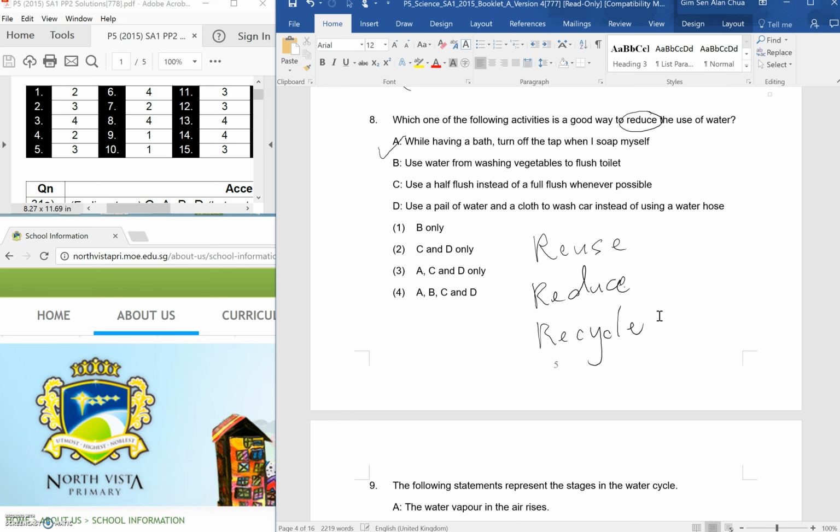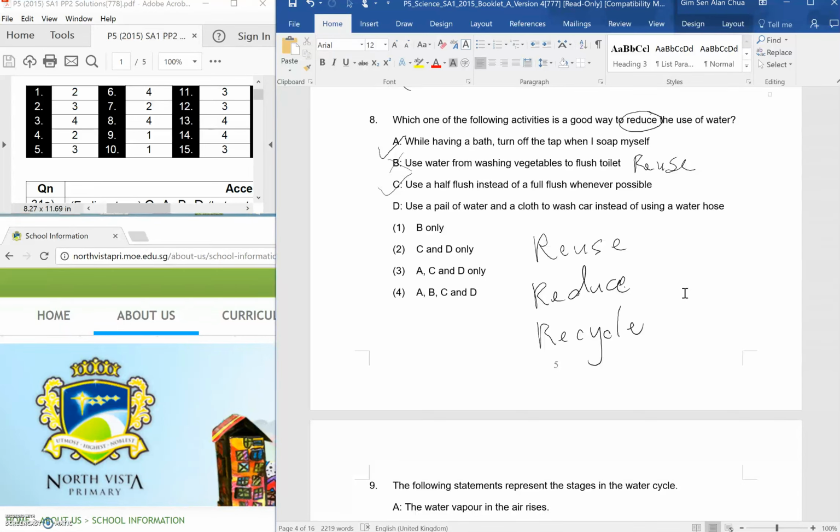So A is correct. Now you use water from washing vegetables to flush toilet. So you reuse the water. So B is reuse, not reduce. Use half a flush instead of a full flush. Use half instead. Yeah, you reduce.